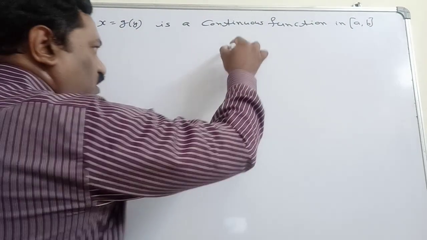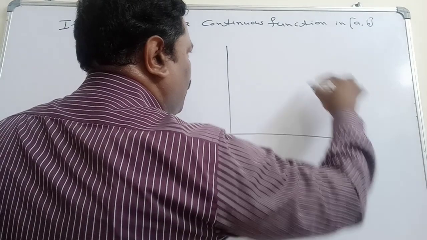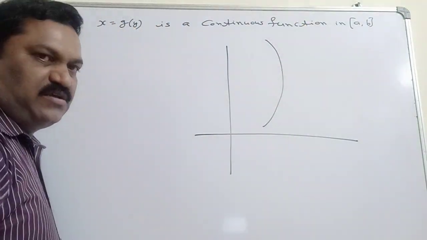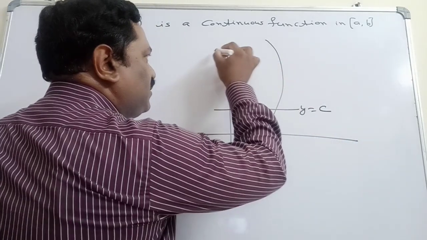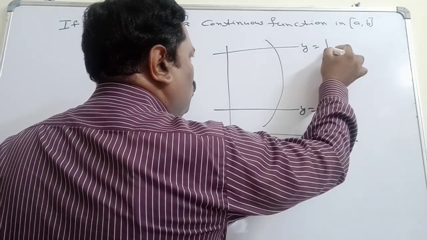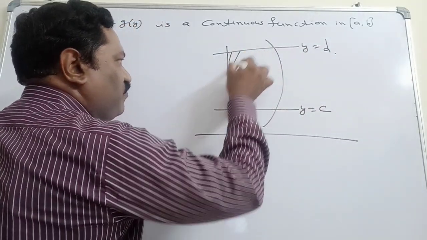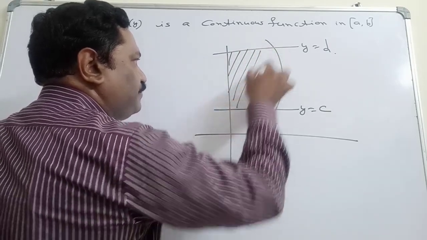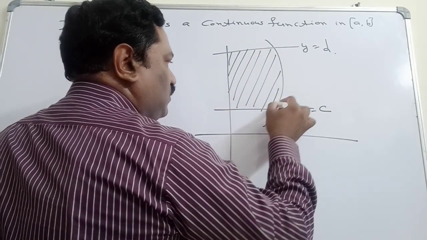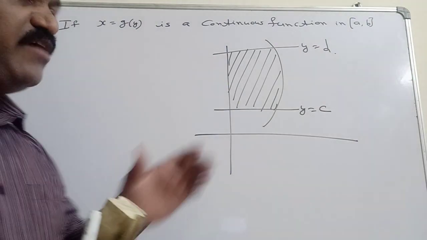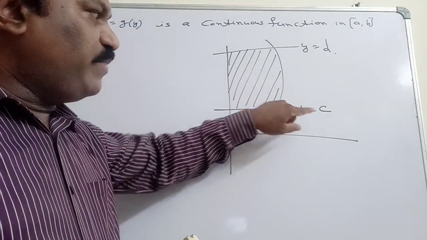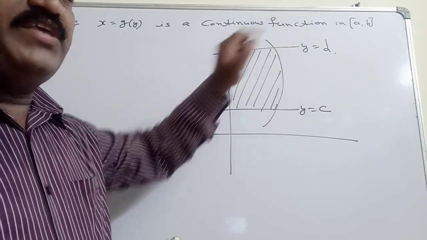Suppose the graph of that particular function is bounded with the y-axis like that, and I want to find the area bounded with the y-axis between the lines y is equal to c and y is equal to d, means this hashed area. We can observe that this entire area is bounded with the y-axis between the lines y is equal to c and y is equal to d.